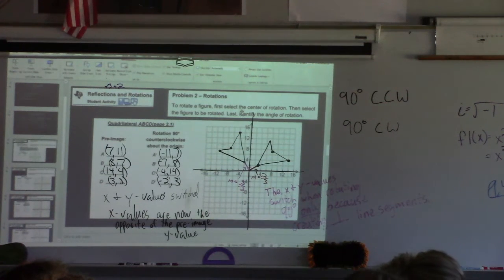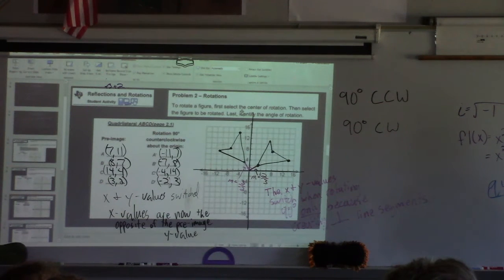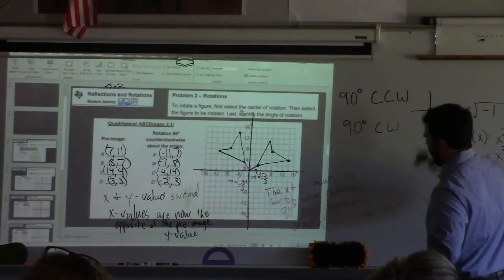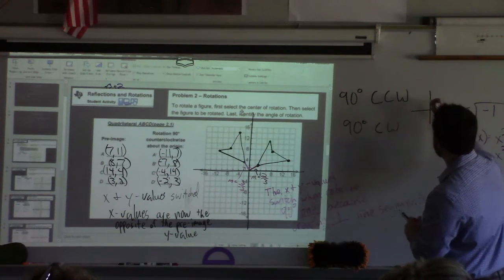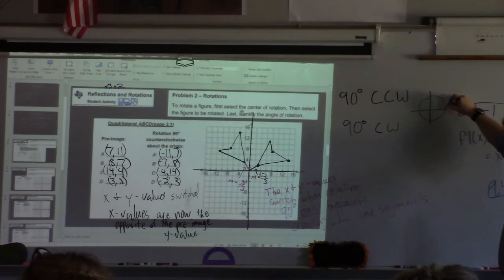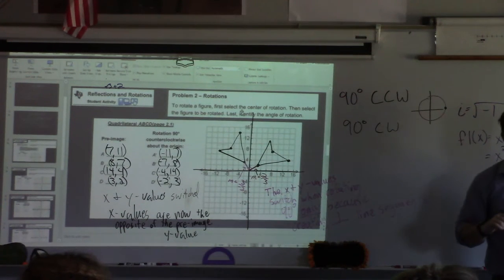You will see me and other mathematicians, which you are now a mathematician because you're in my class, use CCW for counterclockwise and CW for clockwise. So let's make sure we understand this difference. If I have this circle, and let's say I'm starting here, which direction is counterclockwise?